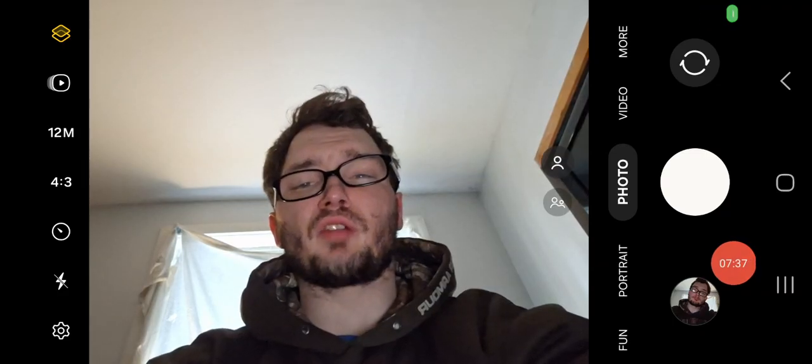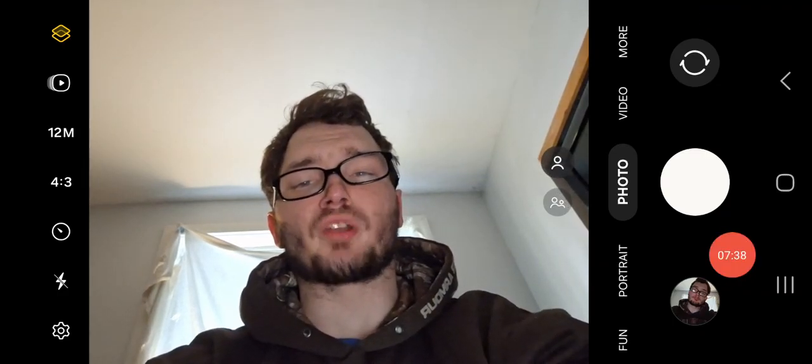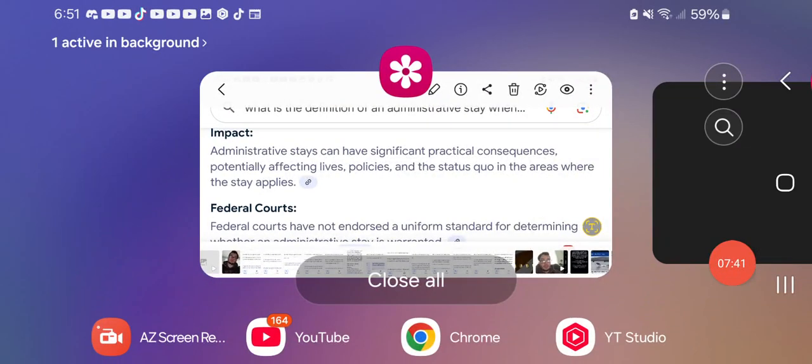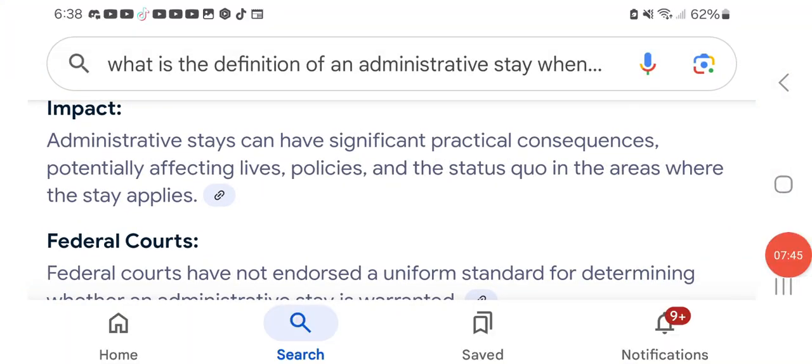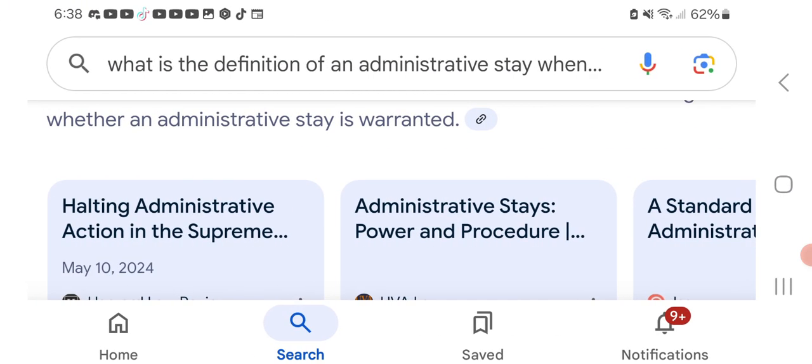Now for the federal courts section: the federal courts have not endorsed a uniform standard for determining whether a stay or an administrative stay is warranted.